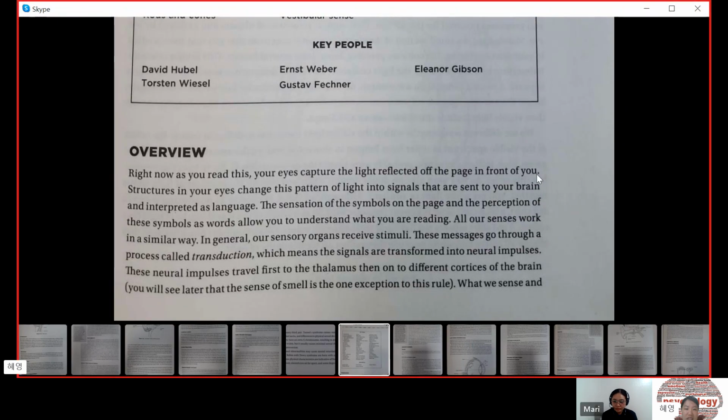All our senses work in a similar way. In general, our sensory organs receive stimuli.